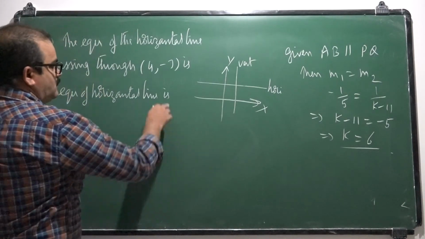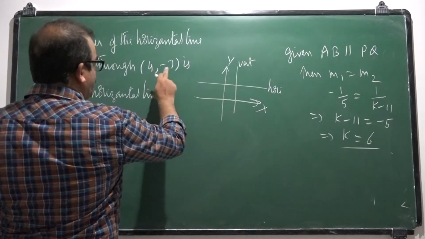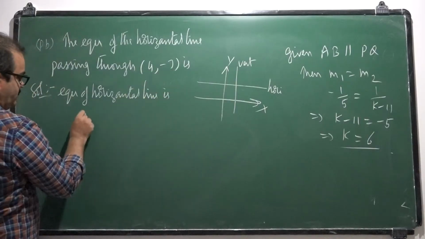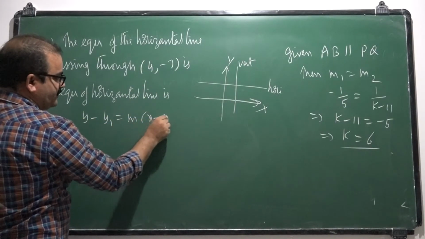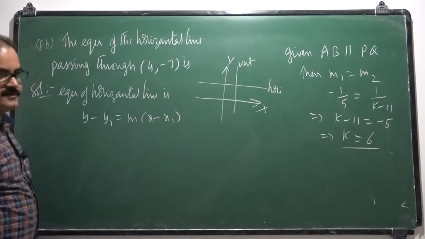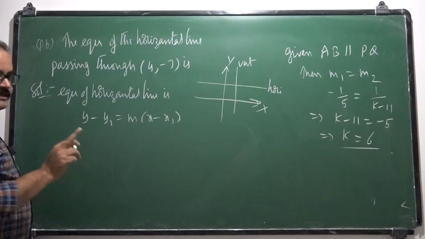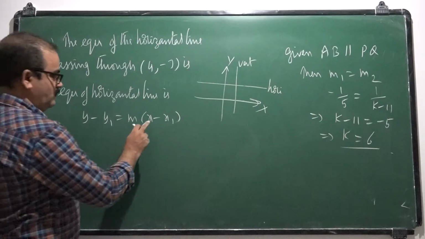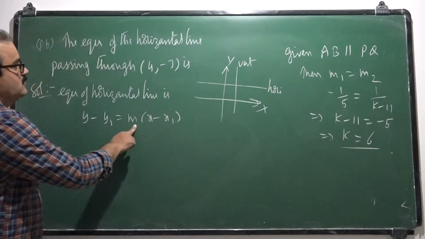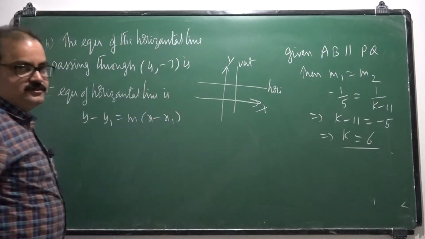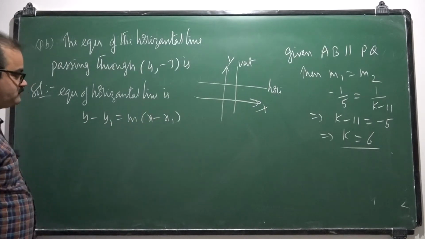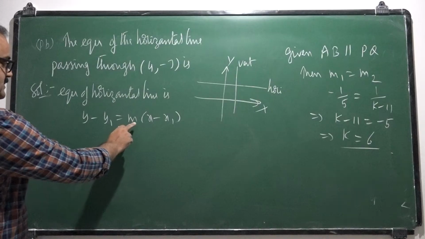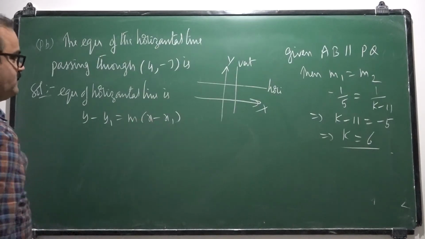When slope is known and point is known, we apply the formula y minus y1 is equal to m into x minus x1. Generally, to any straight line, when slope is known and passing through point is known, then we apply point slope form. y minus y1 is equal to m into x minus x1.